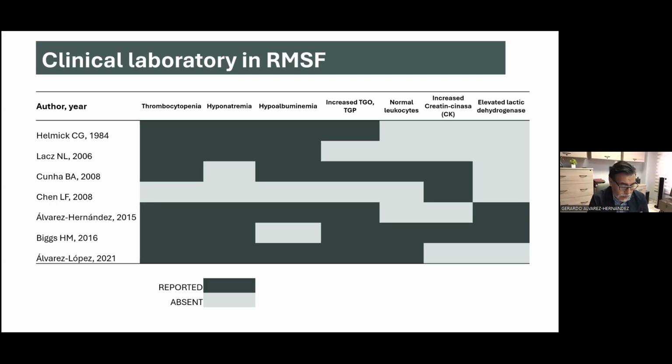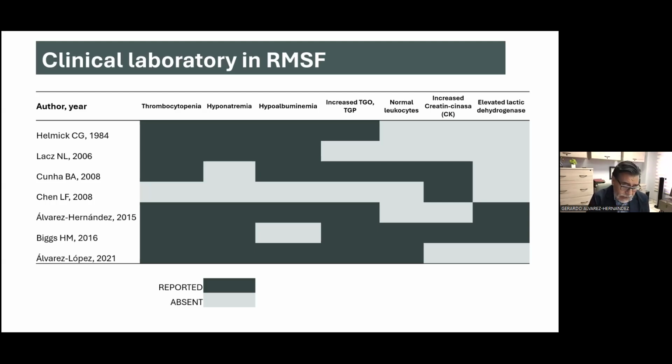Thrombocytopenia, hyponatremia, and hypoalbuminemia are among the most frequently observed in hospitalized patients that usually are in a hospital after the fifth day of clinical progress.